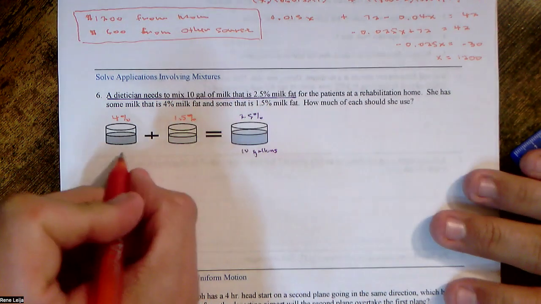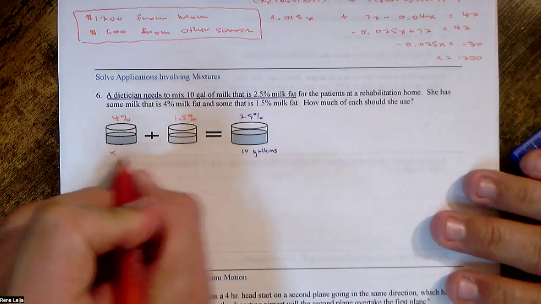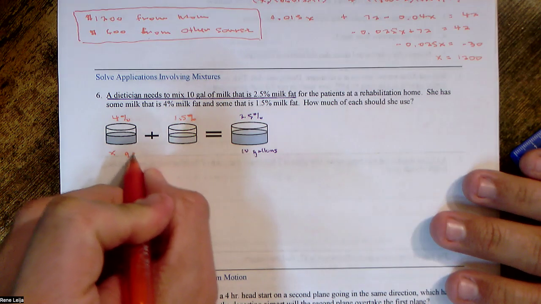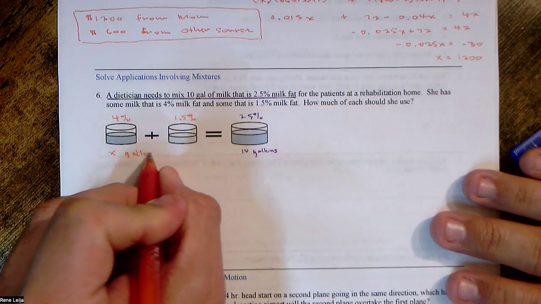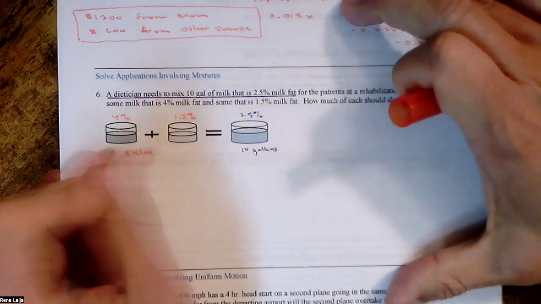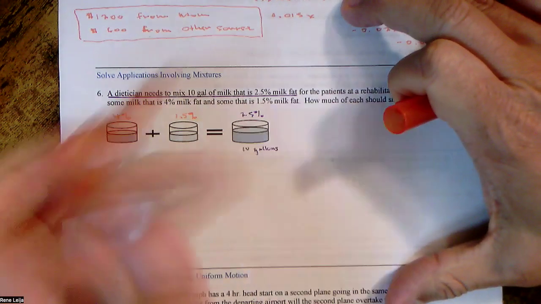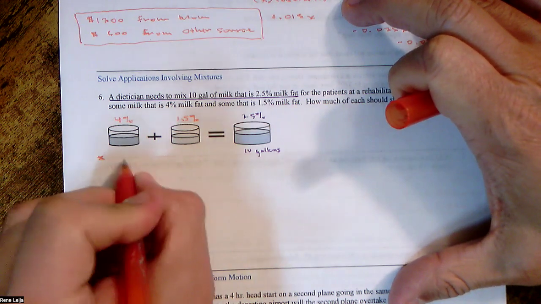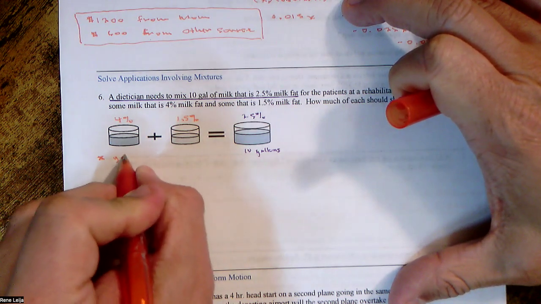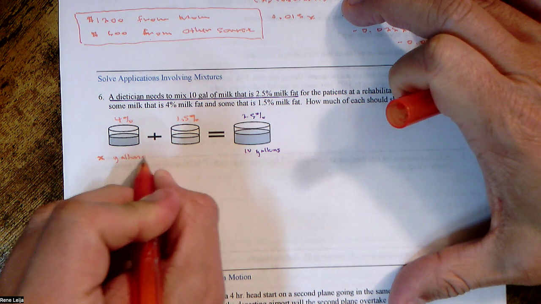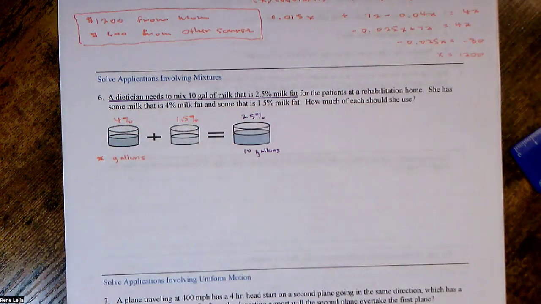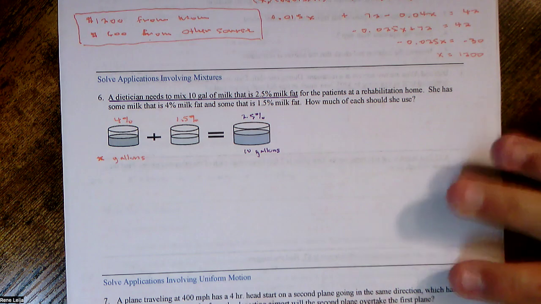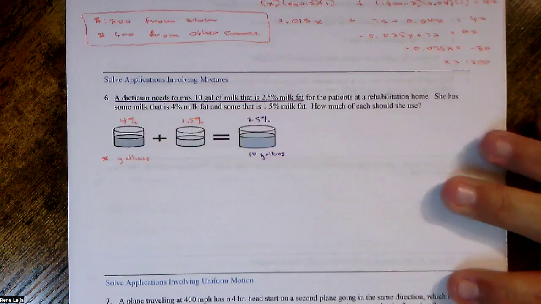So if I say I'm going to borrow X gallons, let me scoot this over. If I'm going to use X gallons of the 4% milk fat, then how many gallons am I going to need of the 1.5% milk fat?